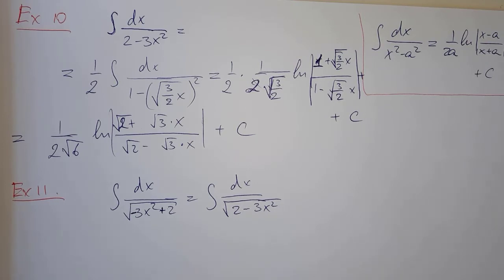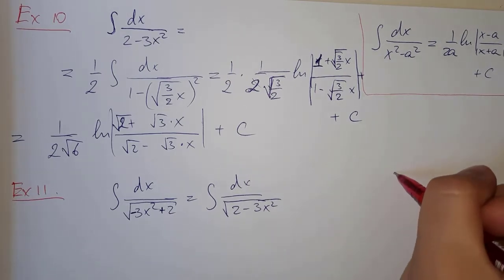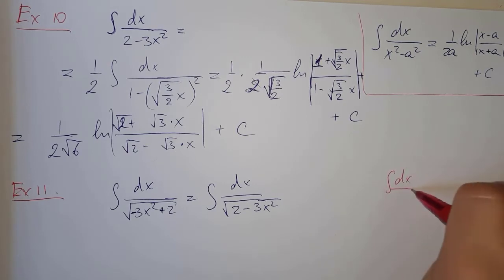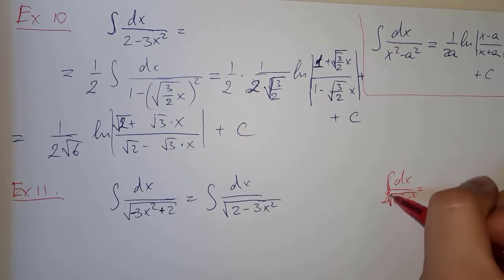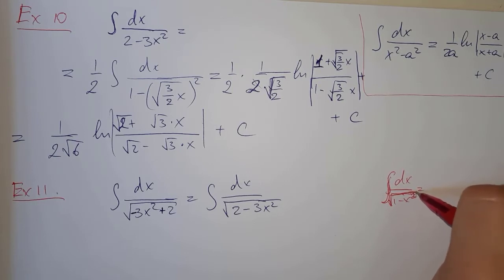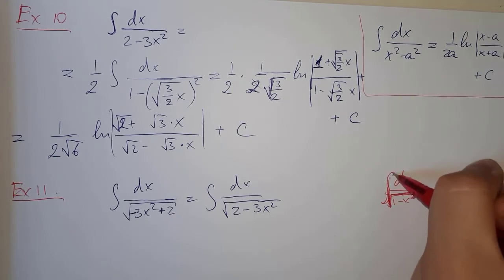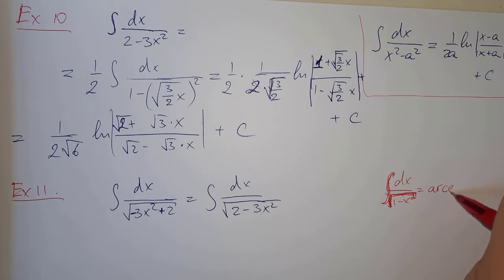Here we'll use the formula for arcsine and arccosine. Let's recall the formula: the integral dx over square root of 1 minus x squared is arcsine x plus c.